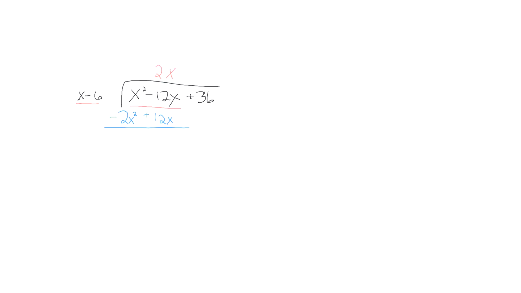The same similar situation. So now I would add these, and I have nothing here. Now I have minus x squared. And remember I said that if you still have a value for this first part, then you did something wrong. So we'll just cross this off.